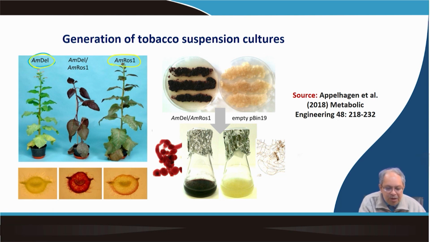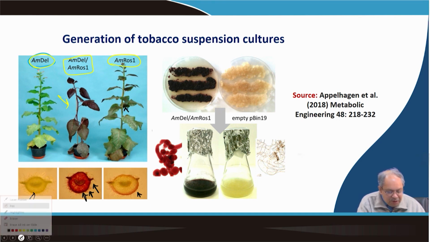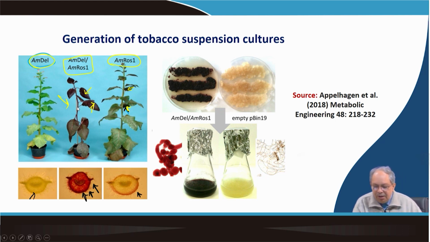When both are expressed, you see the change in leaf color, and these are cross sections of the leaves. Here it is very clear that anthocyanins are produced in huge amounts, as compared to a little bit here, as you see from the coloration. From there they developed the cell suspension culture.